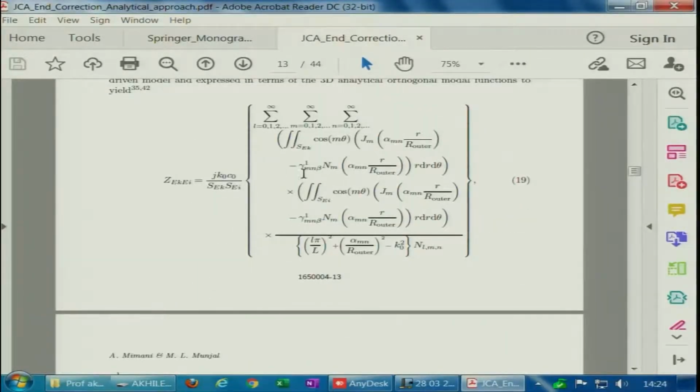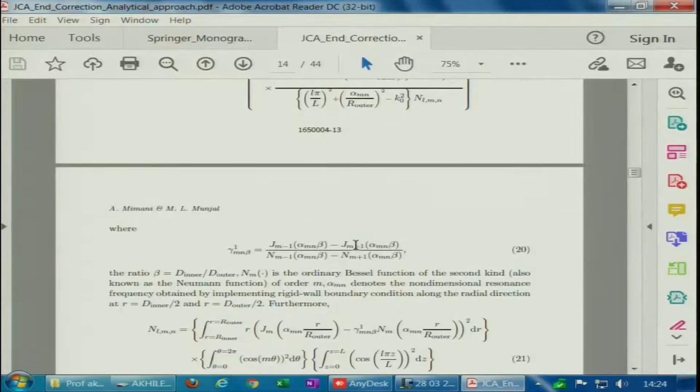The form is the same, J n m, again here I am calling it m, even for non-zero values m, that is 1 2 3 4, but for the concentric extended inlet and outlet, m is only 0, and gamma 1 is basically this thing.